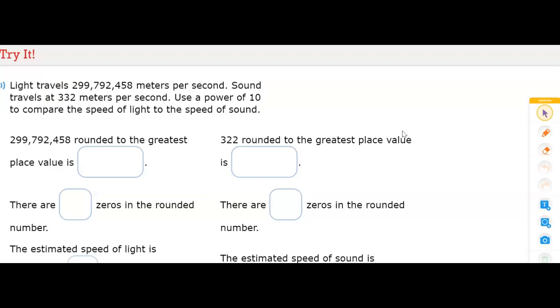Okay, so we're going to round to the greatest place value. That greatest place value is the millions. There's a 9 next door, so we're going to round up to 300 million.